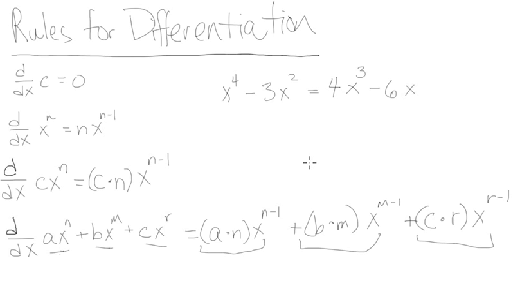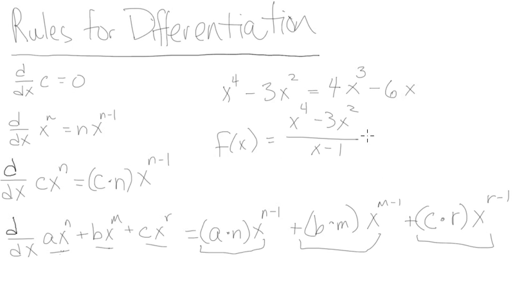I do want you to be a little bit careful. If you, on the other hand, have a denominator, you're not allowed to use this process. So if you had the function f of x equal to x to the 4th minus 3x squared over x minus 1, you're not allowed to take the derivative of the two terms separately, because everything in the top is divided by everything on the bottom.